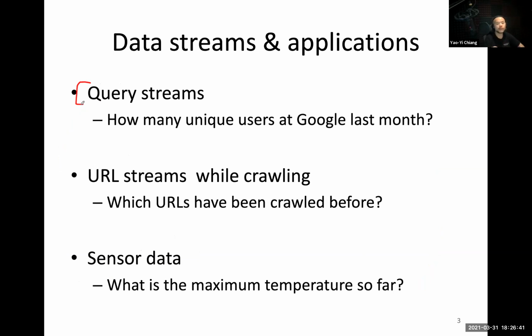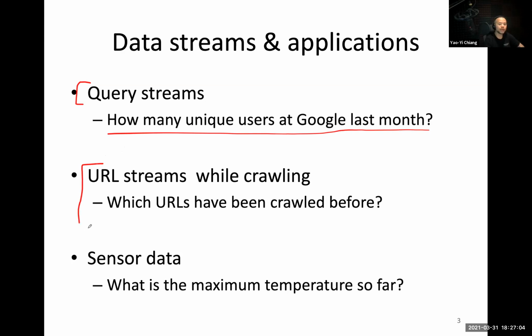Say if you have 1 million users at the same time, you're getting 1 million queries per second. And you often want to ask questions like how many unique users queried Google last month, or in the last 2 minutes, right? And you have to take into account your real-time data stream.